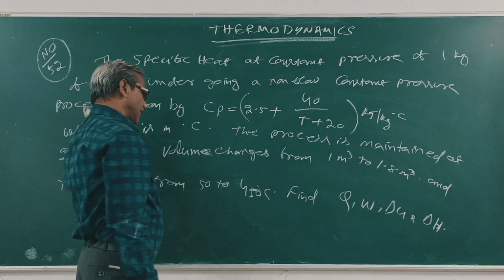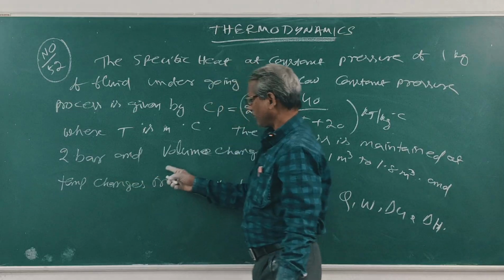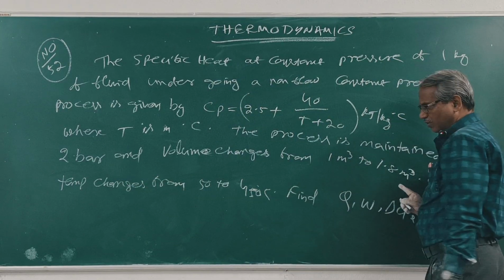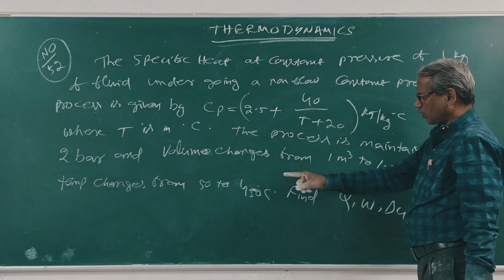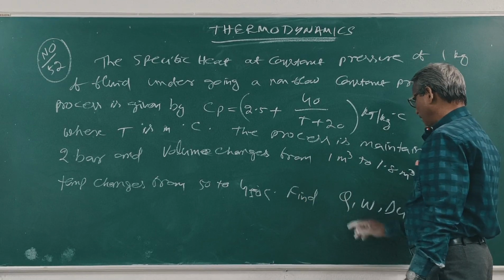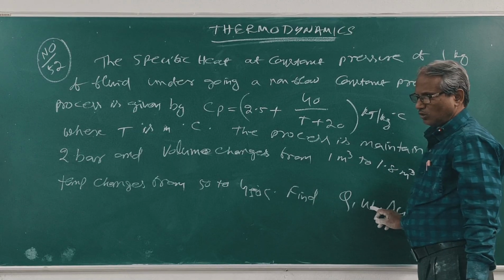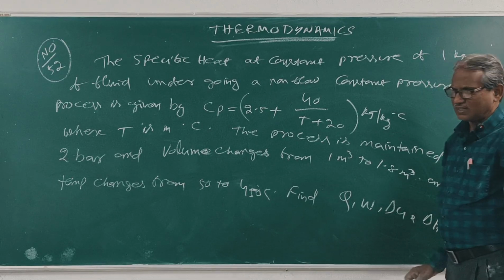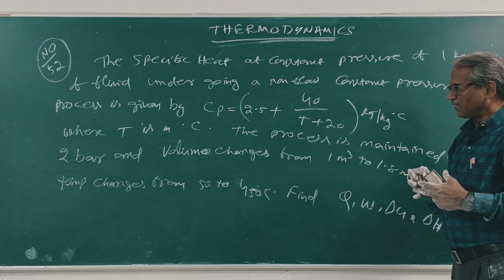The process is maintained at 2 bar pressure and volume changes from 1 meter cube to 1.8 meter cube, V1, V2, and the temperature changes from 50 to 450 degree centigrade, T1, T2. Find Q, heat transfer, W, work done, del U, change in internal energy, del H, change in enthalpy. Clear? Now, first write the given data, then make the solution.